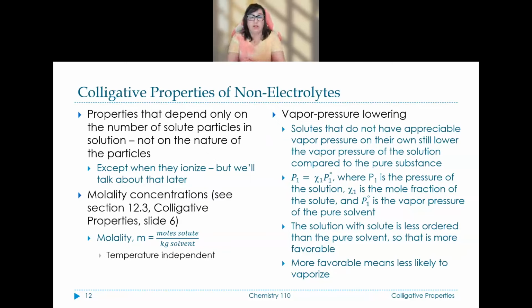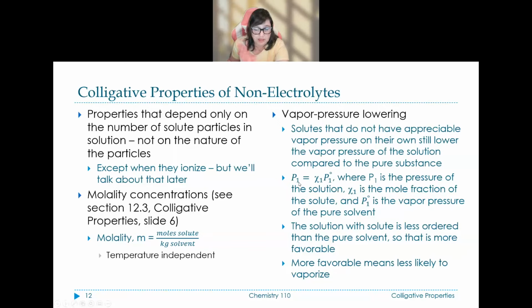One of the things that we talk about is vapor pressure lowering. Solutes that do not have an appreciable vapor pressure on their own still lower the vapor pressure of a solution compared to a pure substance. The pure substance would be the P01 that we see over here, our initial vapor pressure.